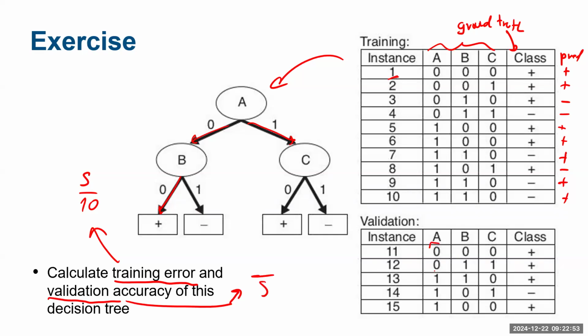So when A is 0, I look at the B, right? B 0, I get plus. B 1, I get minus. When A equal to 1, I look at the C value. So if C is 0, I get plus. If C is 1, I get minus. So for the validation set, the accuracy is 4 out of 5, right? So it's 80%.